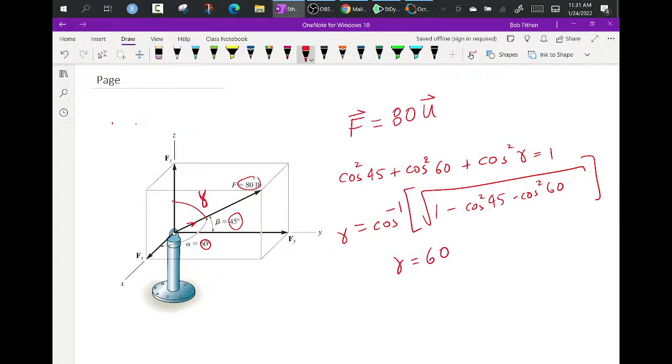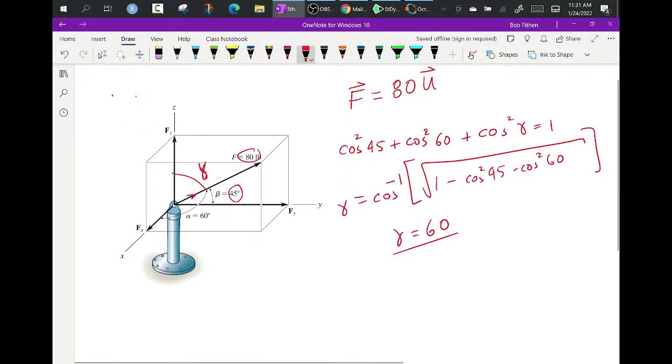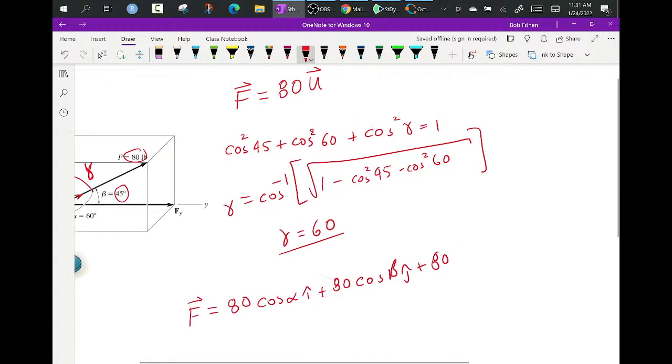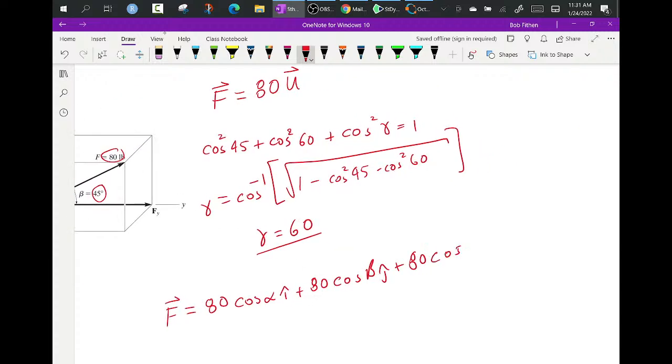This is kind of a rare one in which the things come out to be integers. So now that you have that, you have F is equal to 80 times cosine of alpha i plus 80 times cosine of beta j plus 80 times cosine of gamma k.